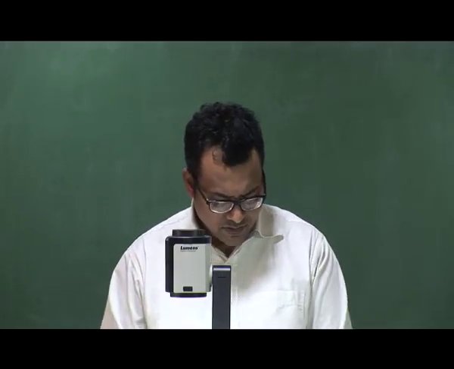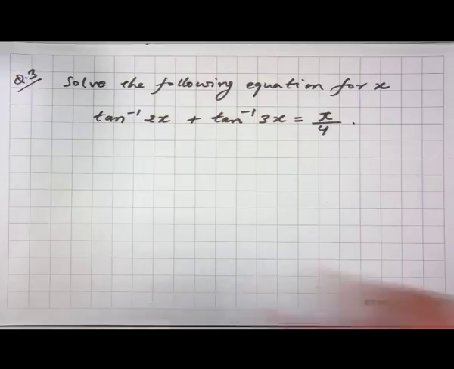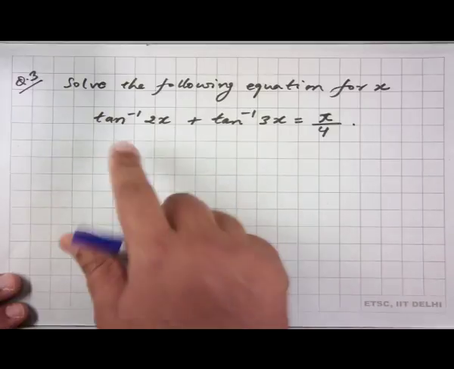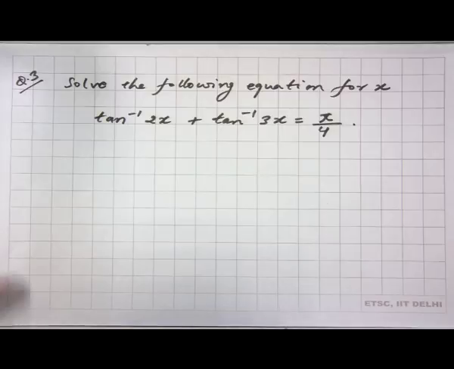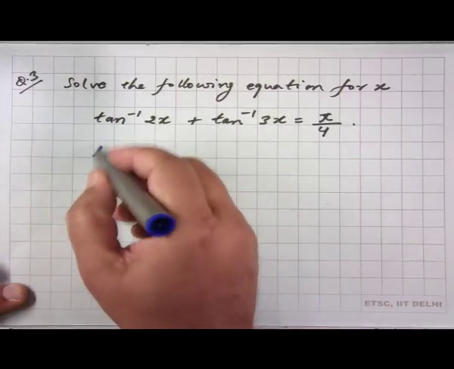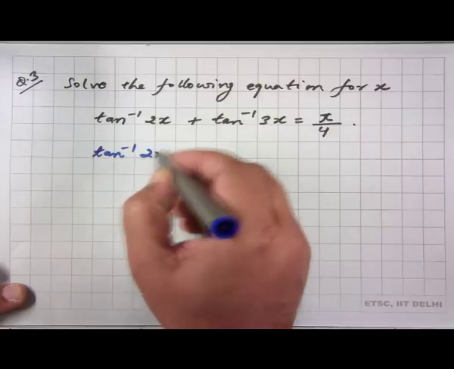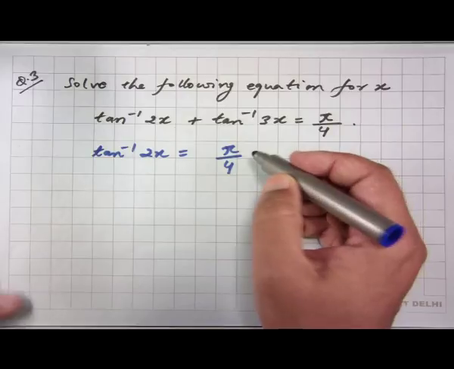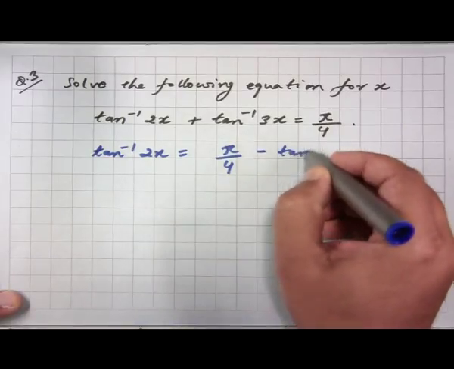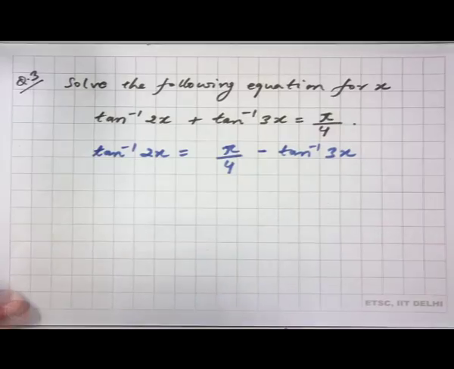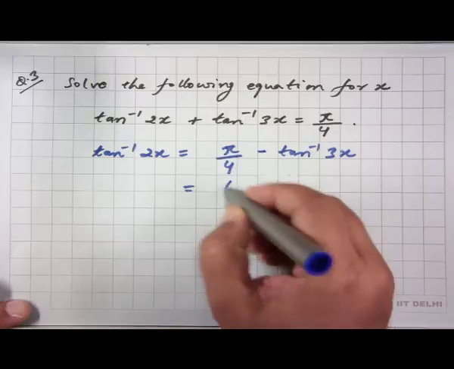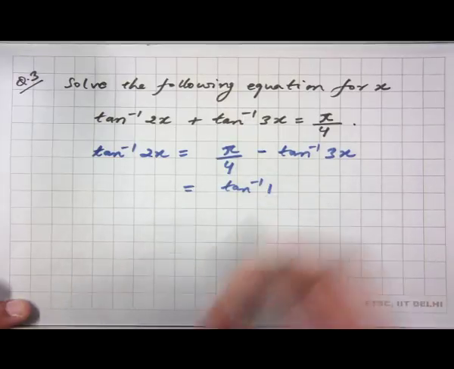In the next problem we are asked to solve the following inverse trigonometric equation. We have to find all those values of x which satisfy this equation. The same thing can be written as tan inverse 2x is equal to pi over 4 minus tan inverse of 3x. But we know that tan inverse of 1 is pi by 4.